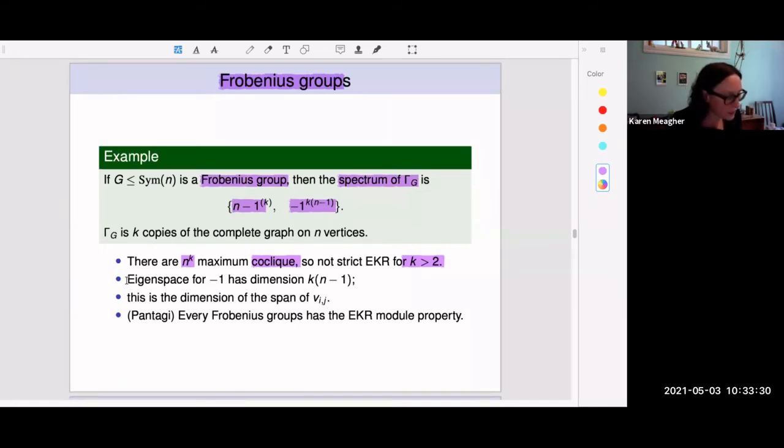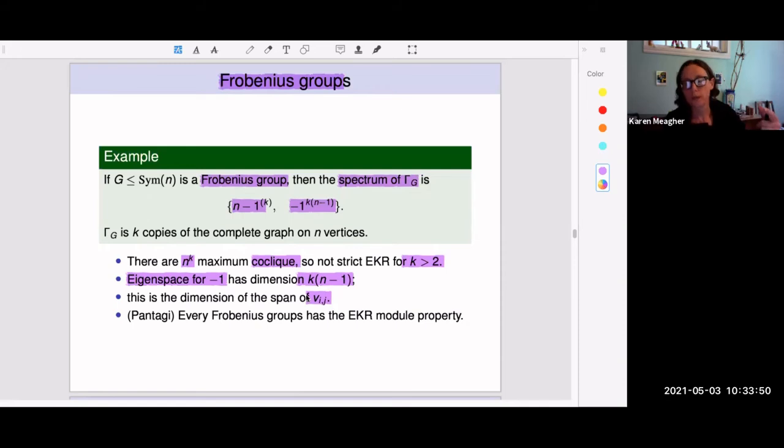But what I can do is figure out the eigenspace for the eigenvalue -1 and its dimension. It's right there, right? I can see it. I can take these v_ij's, these characteristic vectors of the canonical co-cliques, and I can show that they span the entire eigenspace where the eigenvalue is -1.